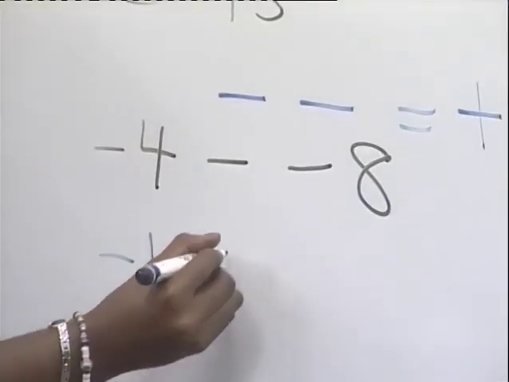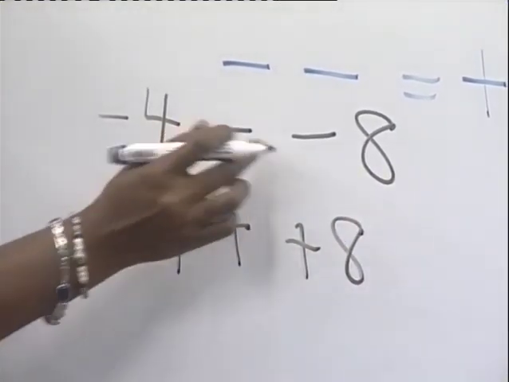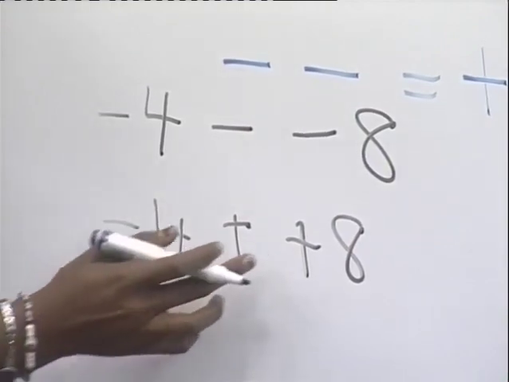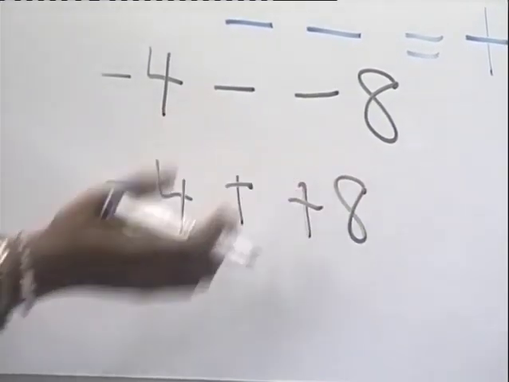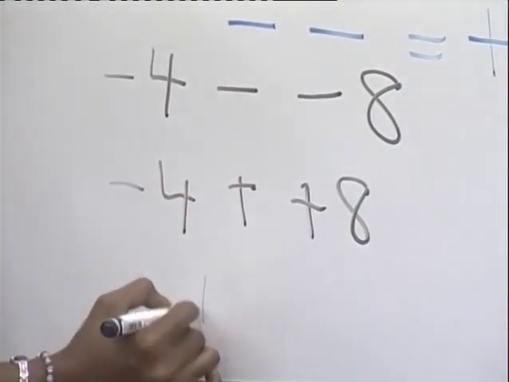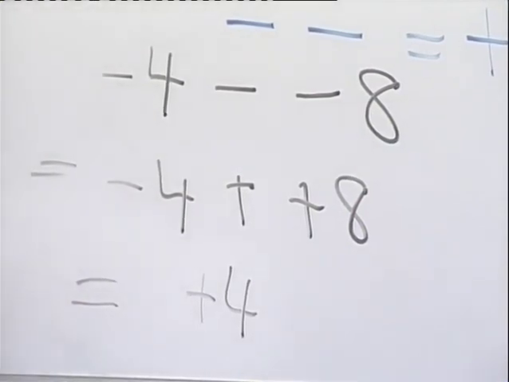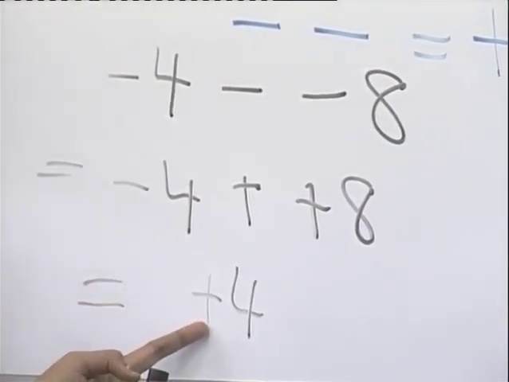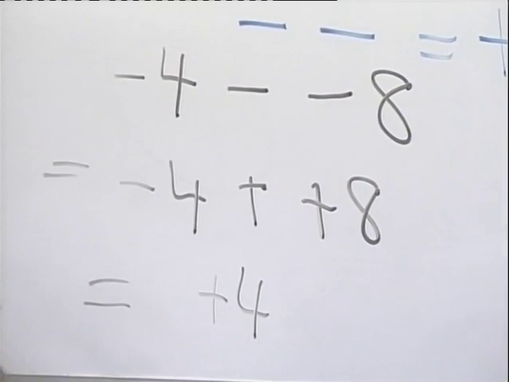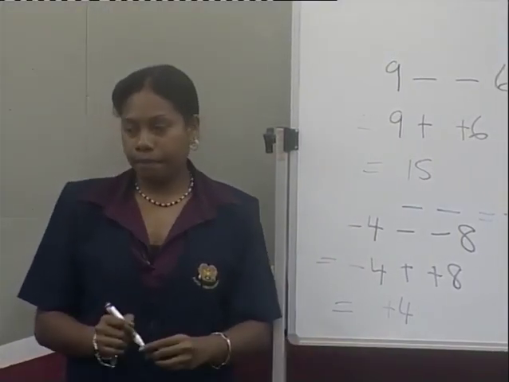Negative 4, add its opposite. Negative 4 plus positive 8, you subtract, positive 4. Okay, 8s, the answer to negative 4 take away negative 8 is positive 4.